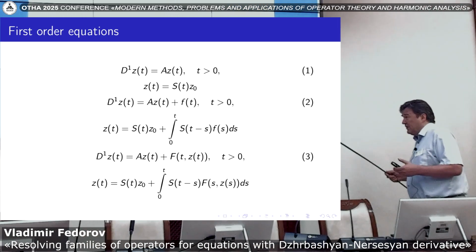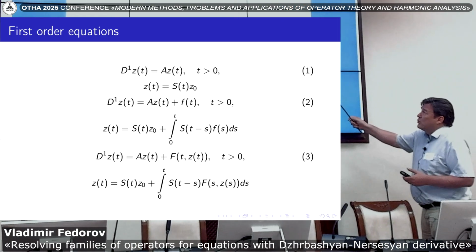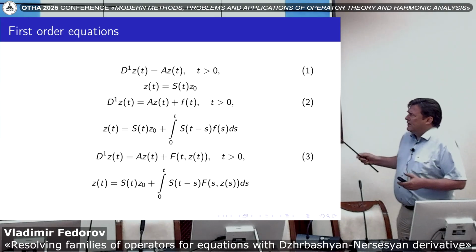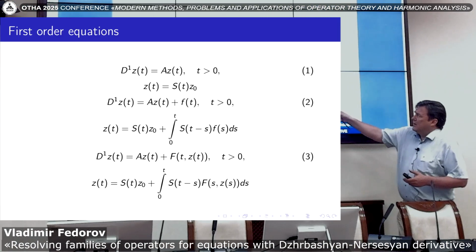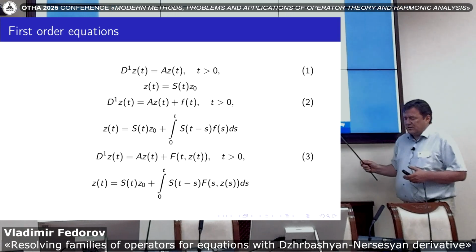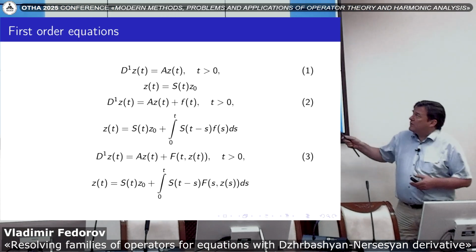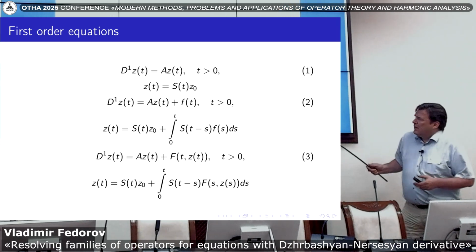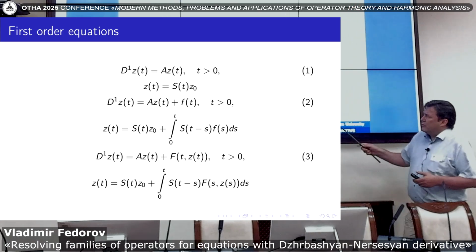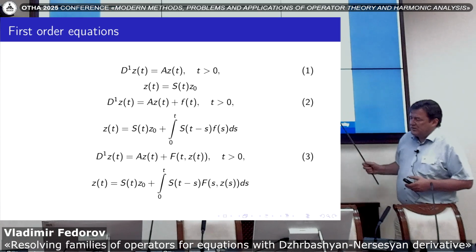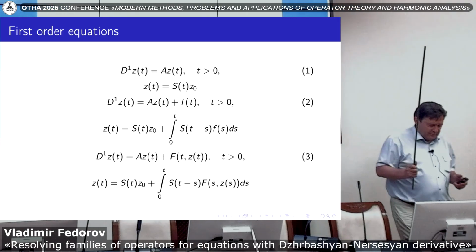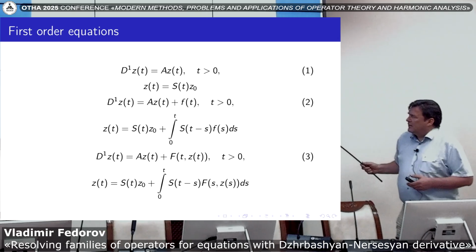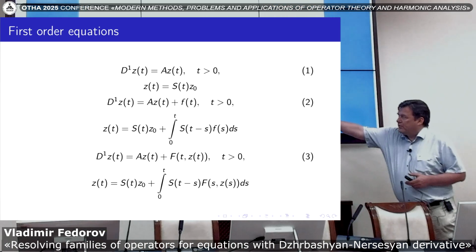And if equation 1 has a resolving semigroup, then we can represent a solution of this equation. We know that the Cauchy problem for equation 1 will be uniformly well posed, and we can write the solution of the linear inhomogeneous equation by this formula using resolving operators.